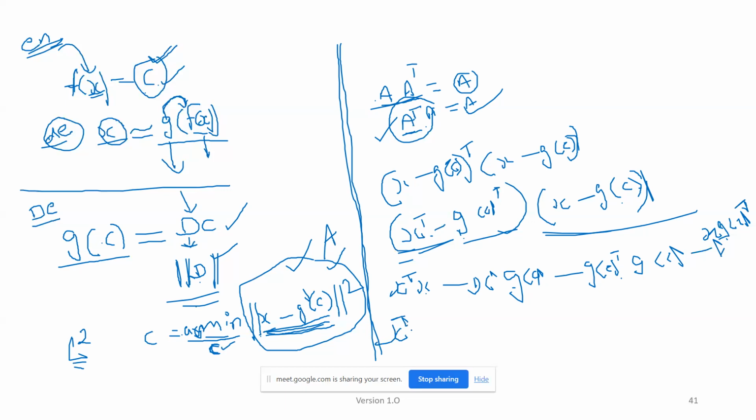X transpose into X minus. So I'm moving on to the next page. So what we got?